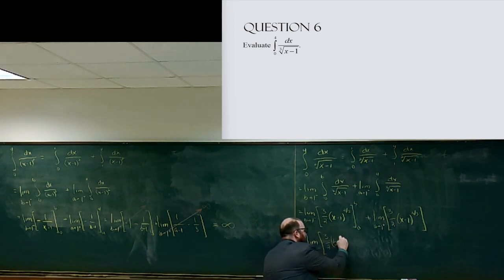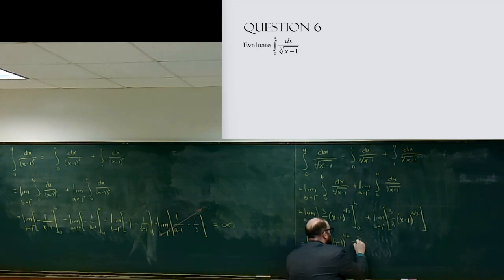We get what? (B minus 1) to the 2/3 minus 3/2 of (negative 1) to the 2/3.